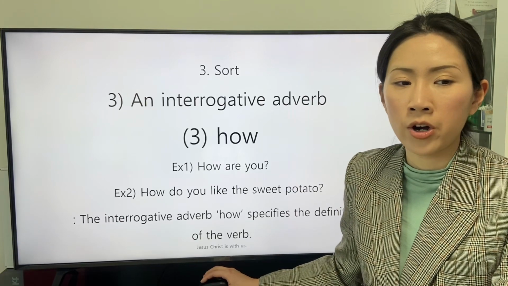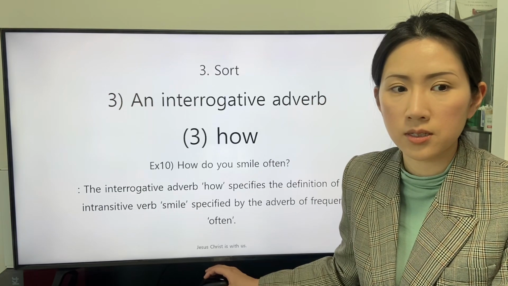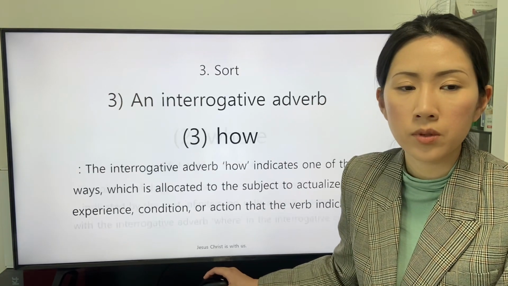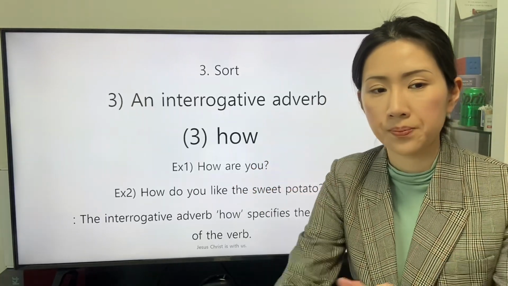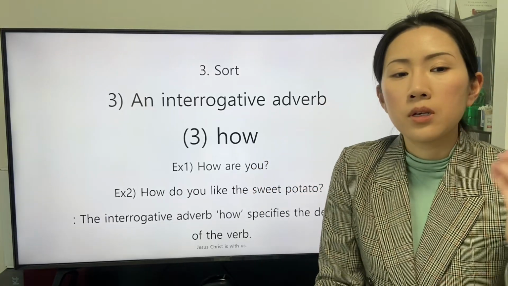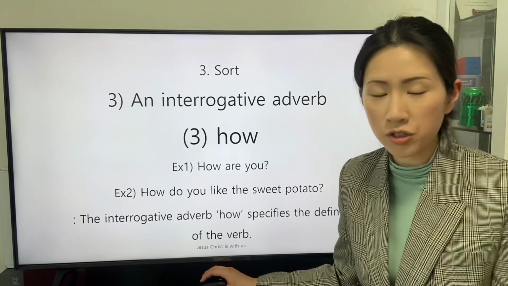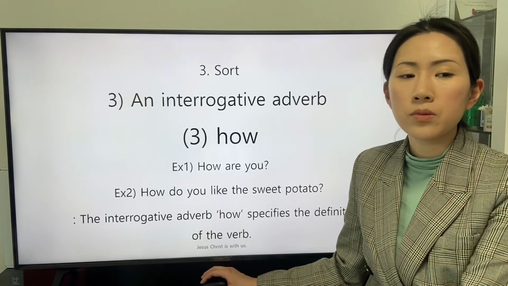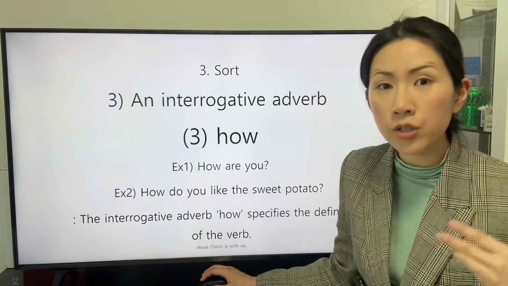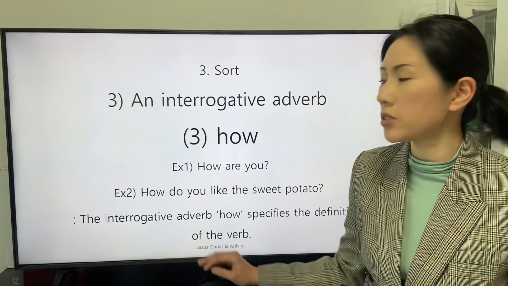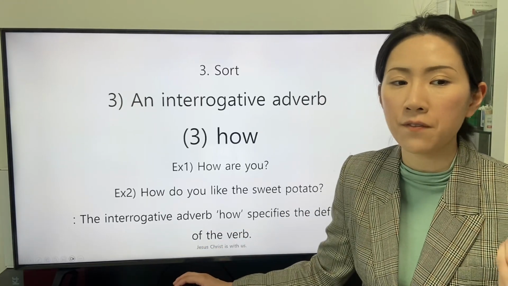There are 10 clauses. Before we start to study about the 10 clauses, let's check the brief introduction. The first and second clauses are introduced because the interrogative adverb how specifies the definition of the verb.